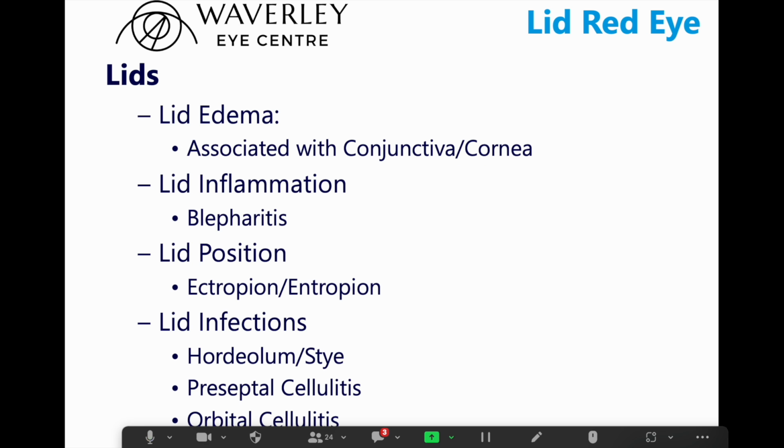All right, moving a little bit away from the eyeball, let's talk about the lids and the redness you can get from the lids. We've got four main categories: lid edema, inflammation of the lids, redness that is just from the position of the lid, and actual lid infections. Lid edema is here because sometimes you can have a swollen lid that's not infected, from a serious eye problem.